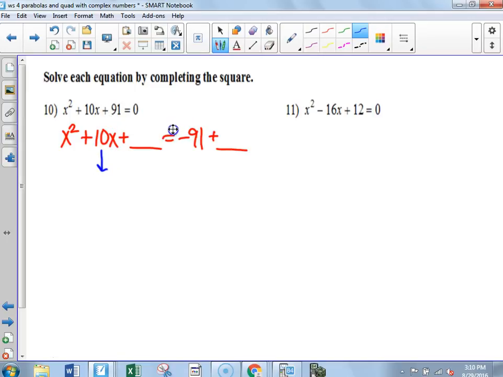After we move the 91 to the other side and add blanks, we divide this by 2 or take half. x plus 5. And to get the blank, we square this guy.